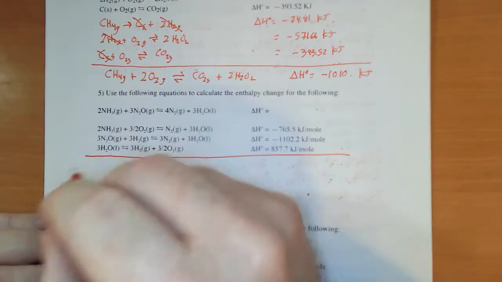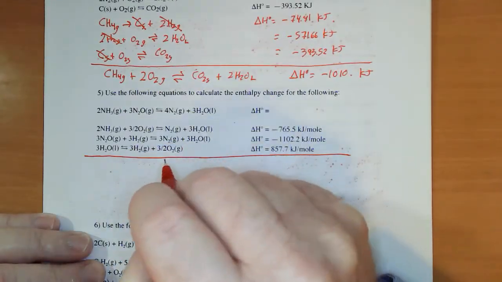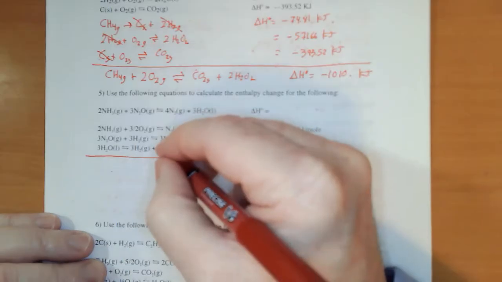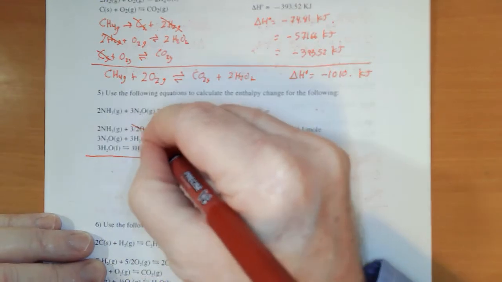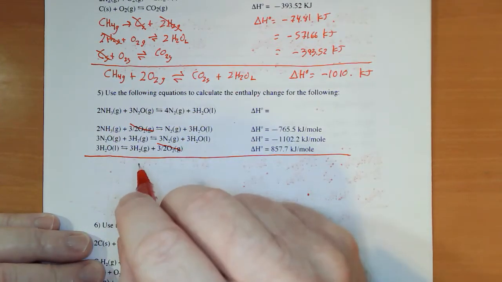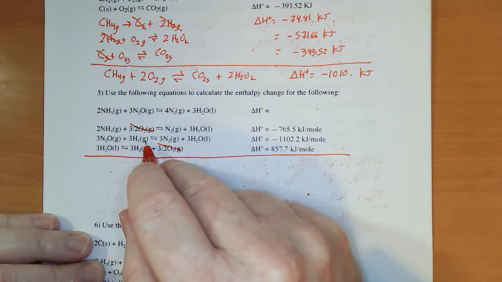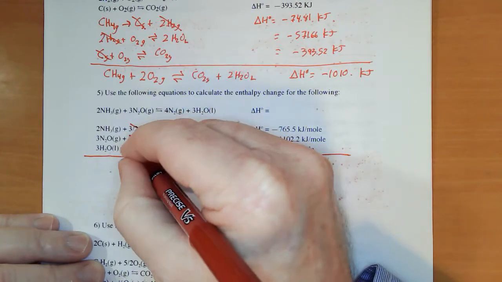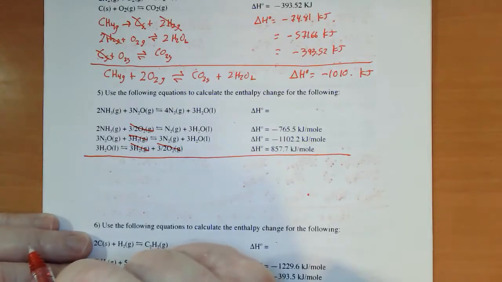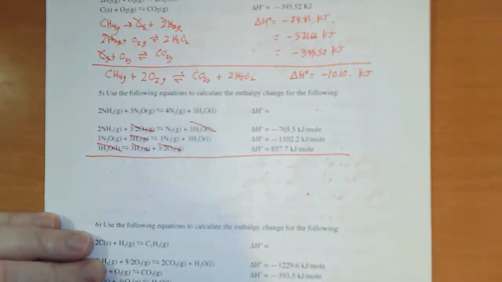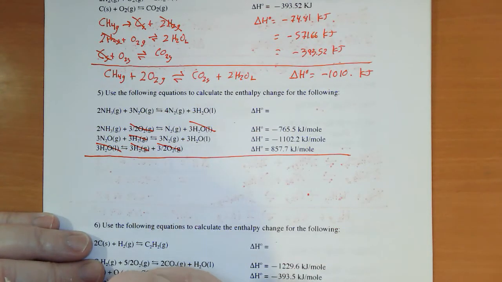So, I'm going to look for something that's on both sides of the equation that I don't need. 3 halves O2 and 3 halves O2. Now, here I've got a 3H2 gas to the left, and here I've got a 3H2 gas to the right. They cancel. Here I've got a 3H2O liquid to the right and a 3H2O liquid to the left.